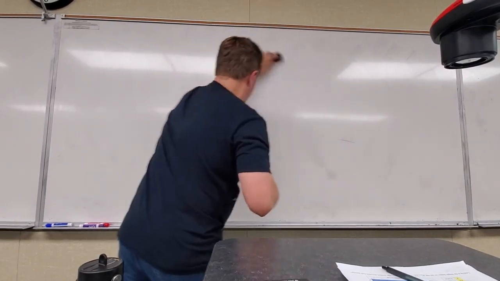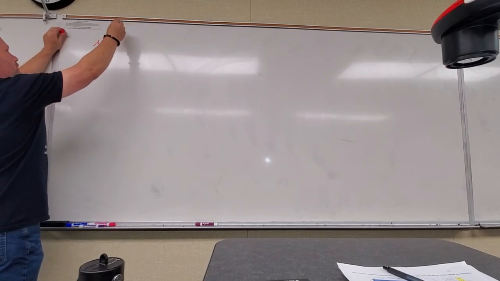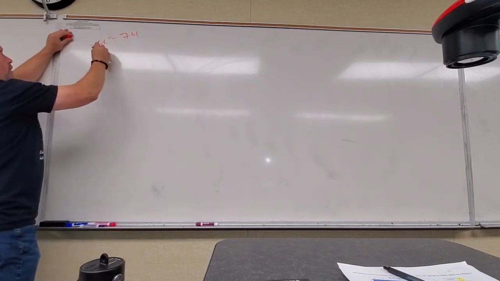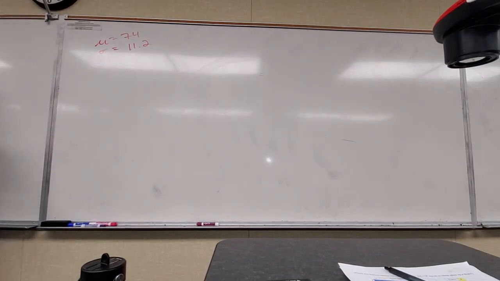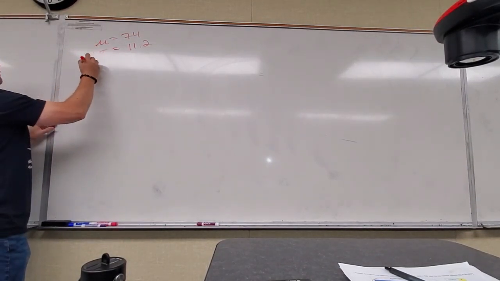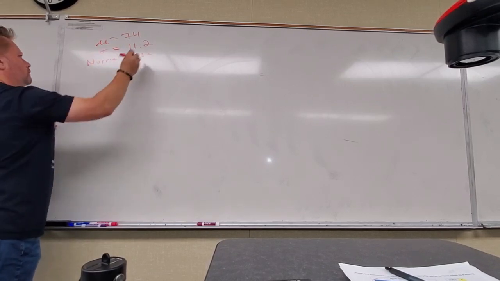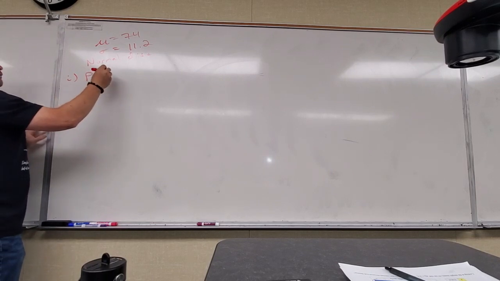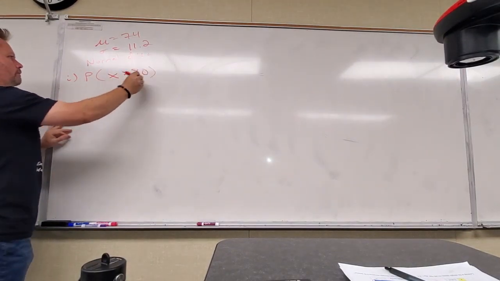Let's say the mean on a test was 74 and the standard deviation was 11.2. We know that they're normally distributed. Question 1 says, what's the probability that one student got a grade above 80?